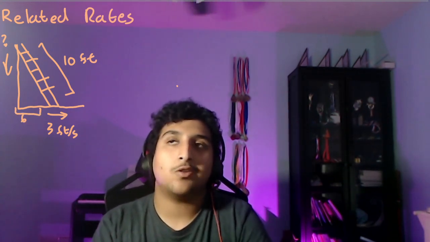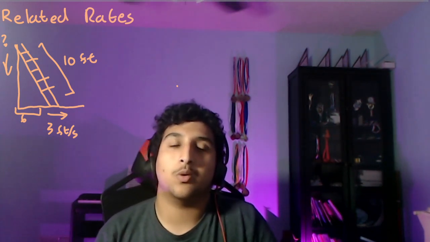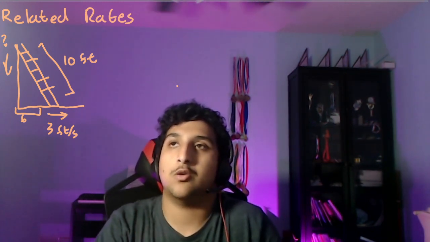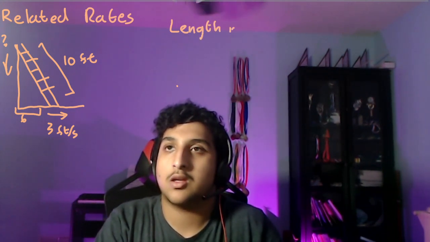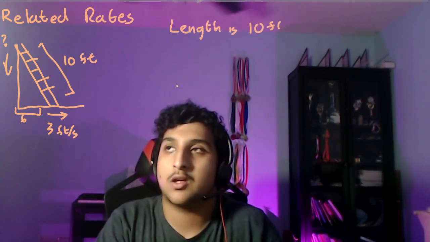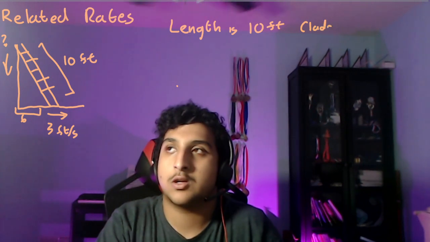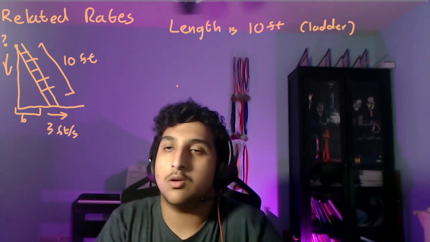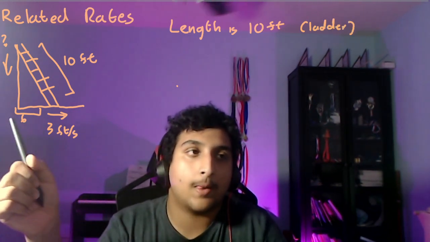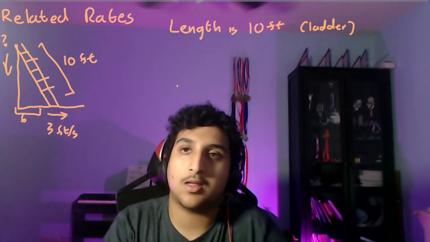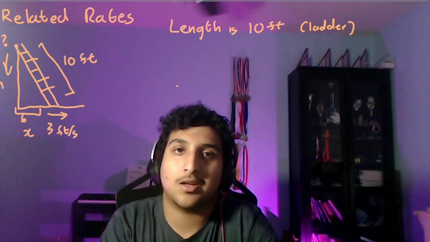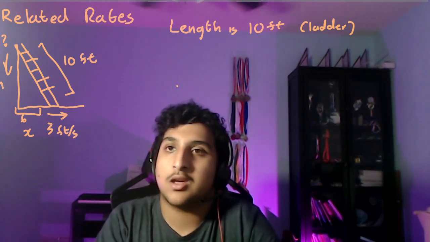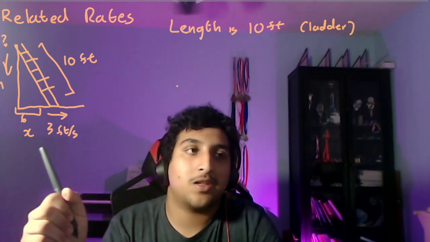To tackle this problem, it's important to write down what you already know. We know that the length, the ladder, is 10 feet. We also know that the bottom is moving. Let's call this x and let's call the height h. We also know that the change in x is a rate.